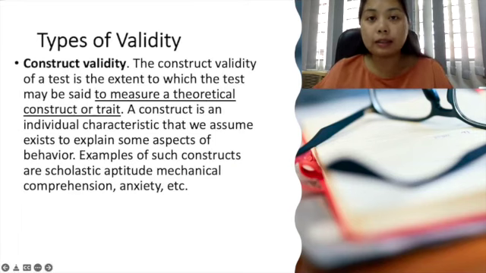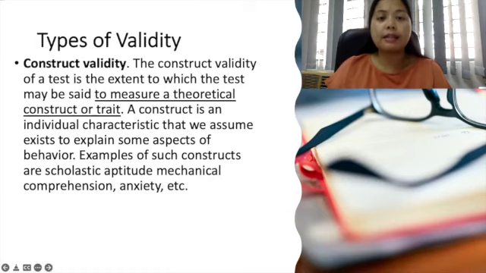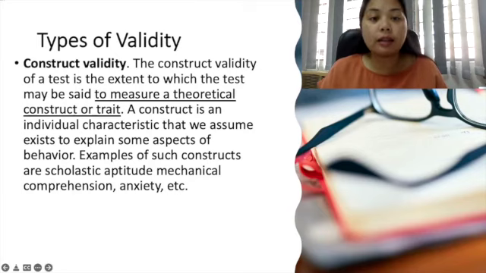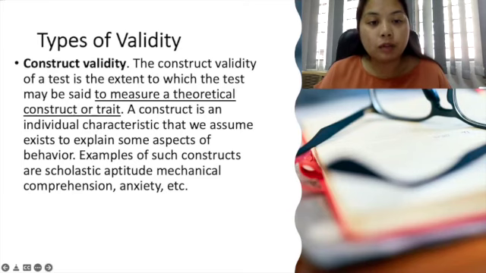Another type of validity is construct validity. The construct validity of a test is the extent to which the test may be said to measure a theoretical construct or trait. So a construct is an individual characteristic that we assume exists to explain some aspects of human behavior. Like for example, it could be a scholastic aptitude or mechanical comprehension, anxiety, among others.